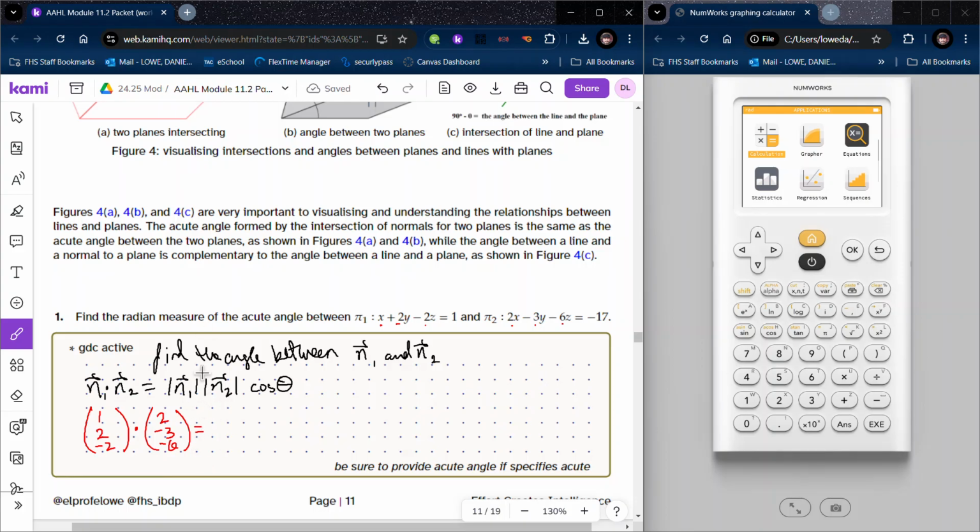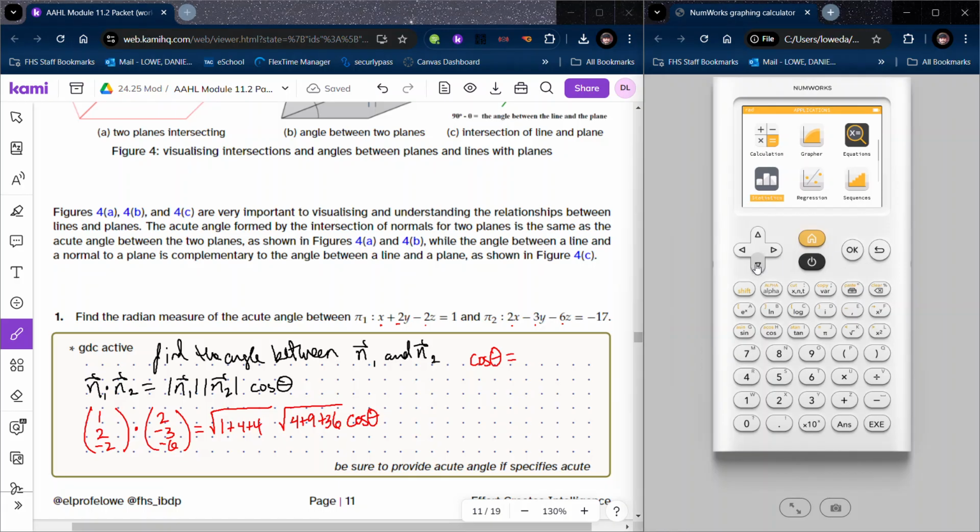That must be equal to the magnitude of our first one, which will be the square root of 1 plus 4 plus 4, times the magnitude of the normal vector of the second plane, which will be the square root of 4 plus 9 plus 36, and times the cosine of theta. So the cosine of theta must be equal to, if we want to use our calculator to find the dot product, that's fine to do.